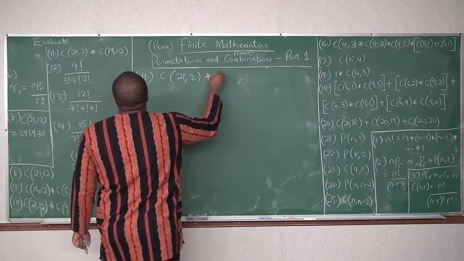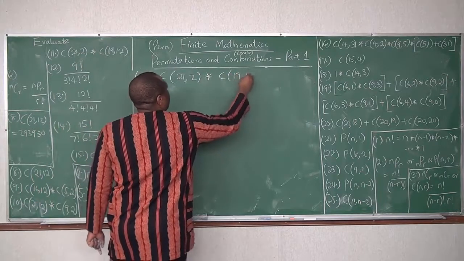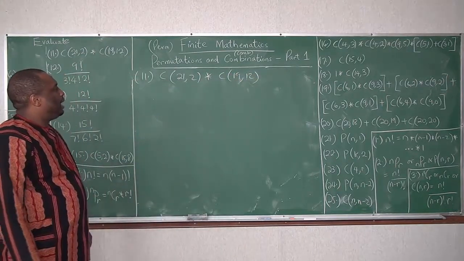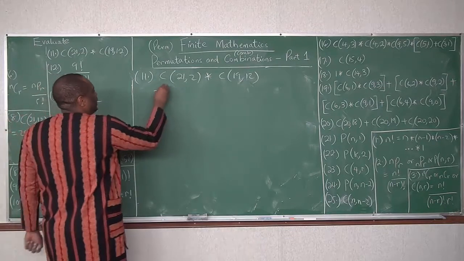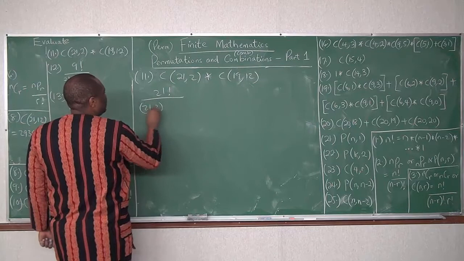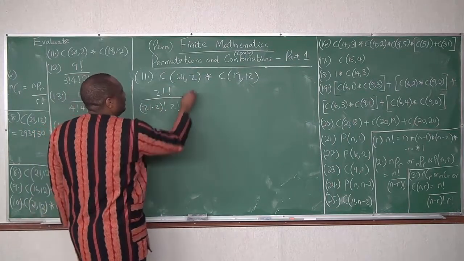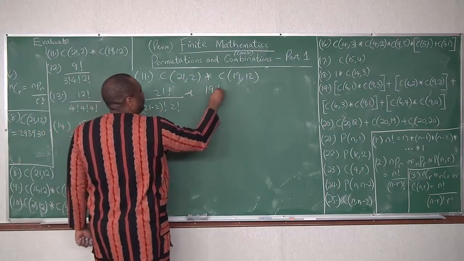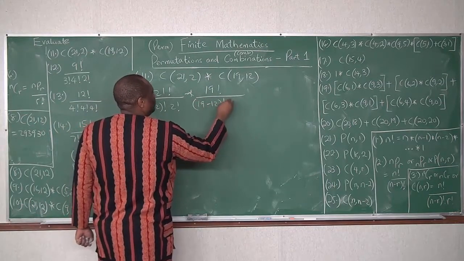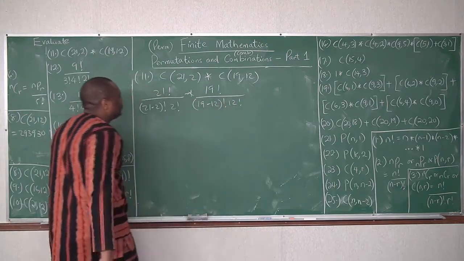21 choose 2 times 19 choose 12. Okay, let's look at this. This is 21 factorial over 21 minus 2 factorial, 2 factorial, times 19 factorial over 19 minus 12 factorial, 12 factorial.